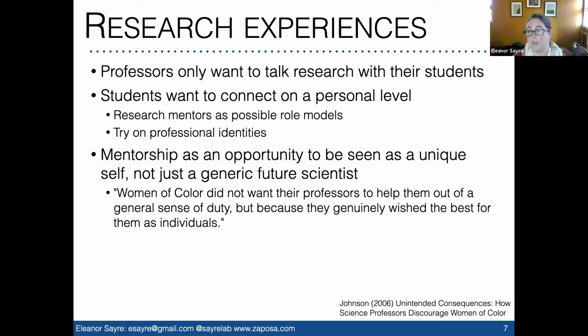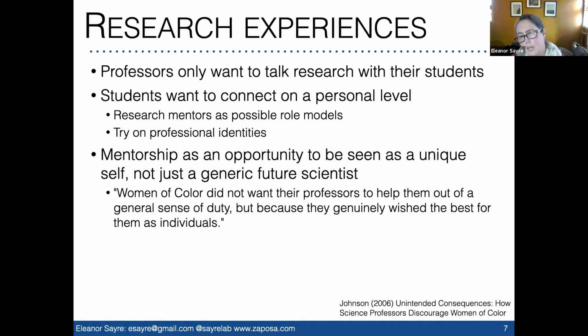Students want to connect on a personal level to their research mentors. They are trying on possible future identities. Is this the kind of person I want to be? And by operating in research robot mode, you're not letting them do that. And it's sort of more than that.